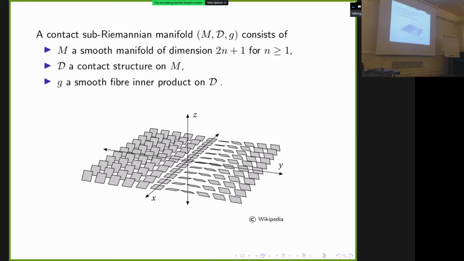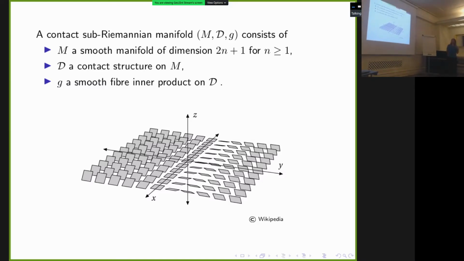And basically that's the setup we have. We have an odd-dimensional manifold with a field of hyperplanes which are completely non-integrable. And what we're now interested in is to study hypersurfaces in this space.